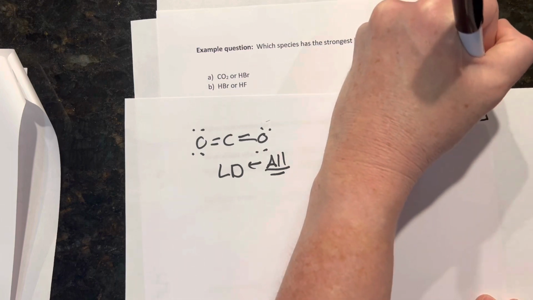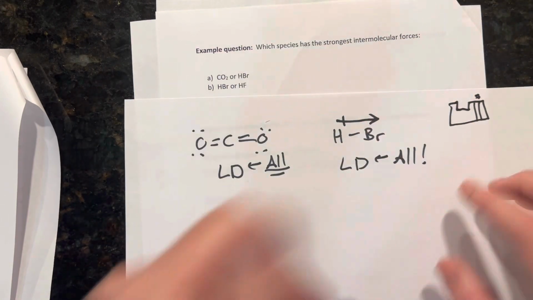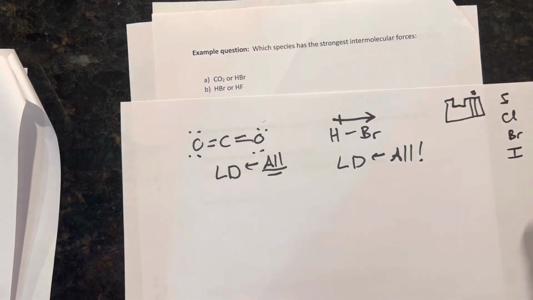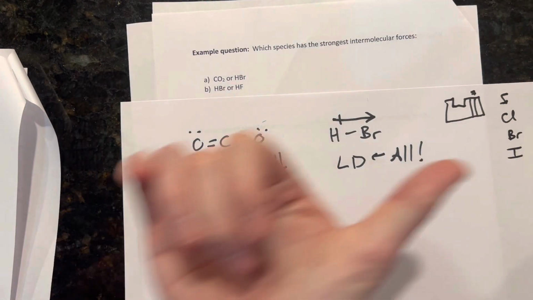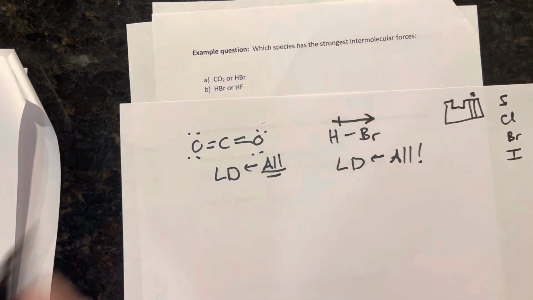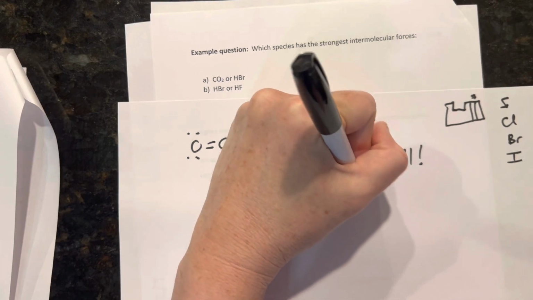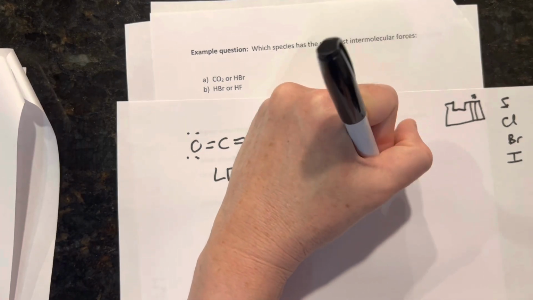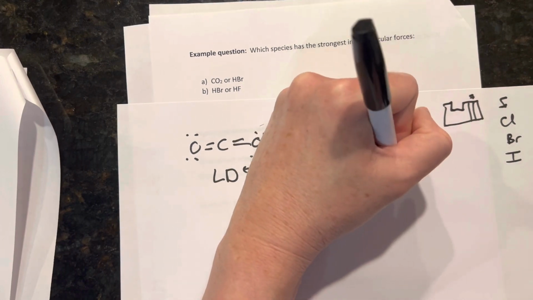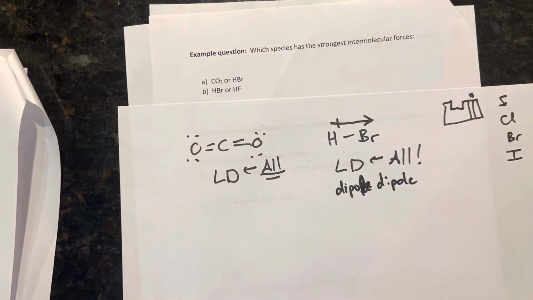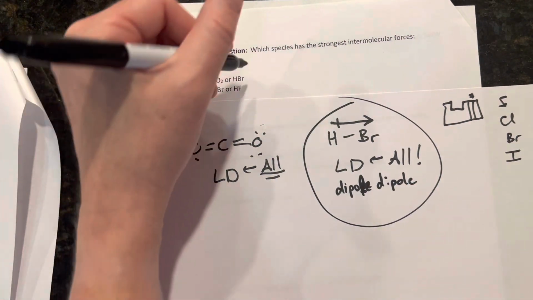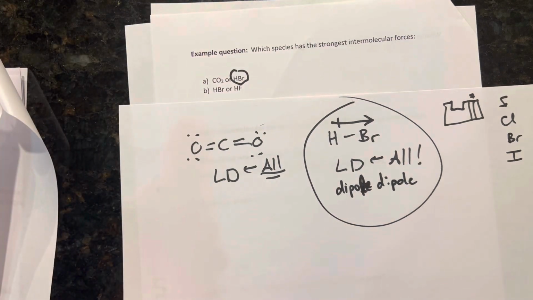So pretty much anything in the 7th column, F, Cl, Br, I, all of these will create some polar bonds. And it doesn't have anything in the equal opposite direction pulling it back. So this has dipole-dipole. Dipole, not the Pope. All right, cool. So this is your answer because it has those weak forces and also medium forces. So HBr is your answer.